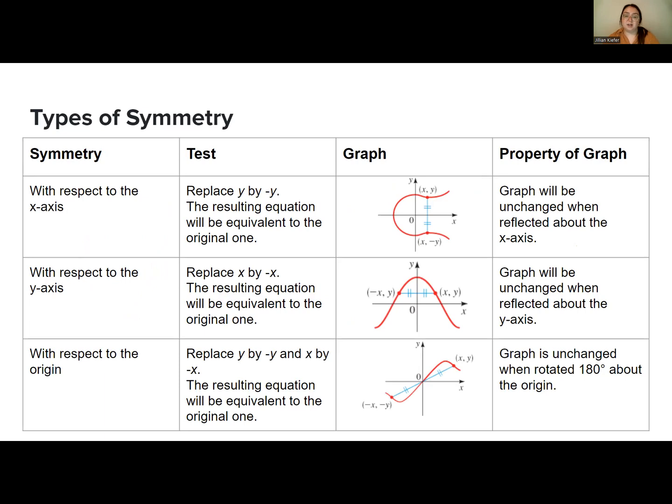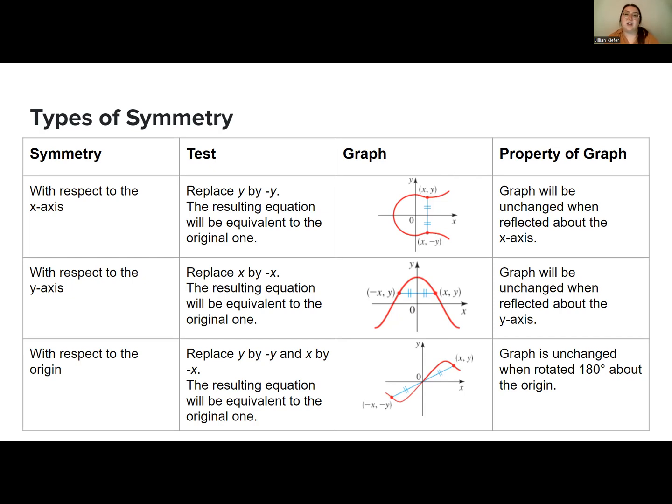So with symmetry, if you have the graph in front of you, it should be a little easier to identify if it's symmetric. But if you don't have the graph in front of you, you can also test for symmetry using algebra. So starting off with symmetry to the x-axis.